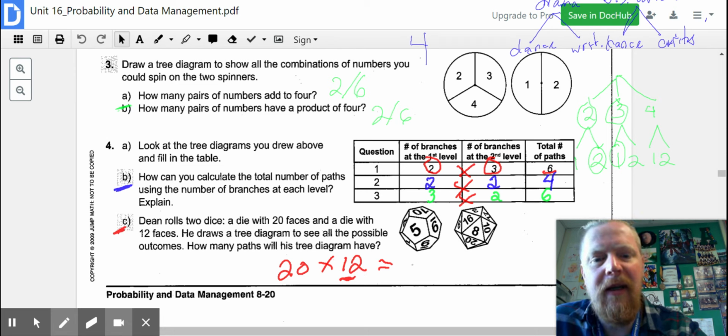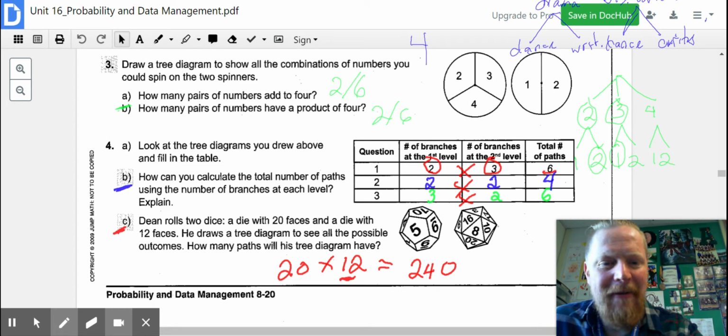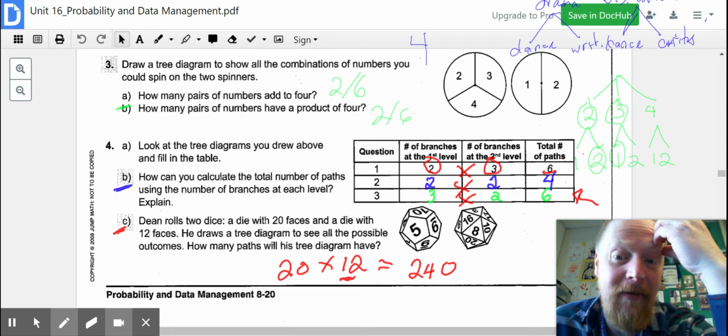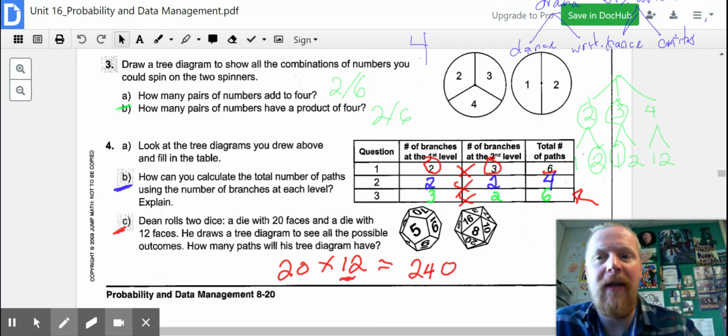So 20 would be 240. So there are 240 different branches in that tree. Definitely not something I want to draw out. That's something that would be much better to use this method here of multiplying the number of outcomes of the branches to find the total number of paths, total number of outcomes.